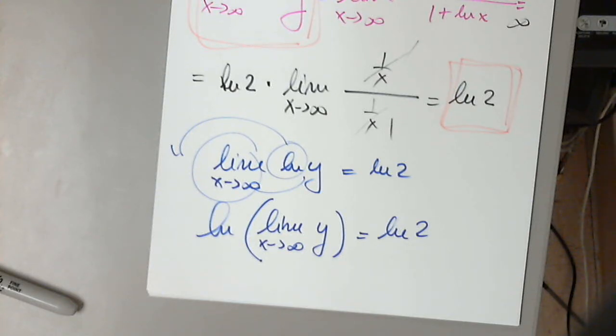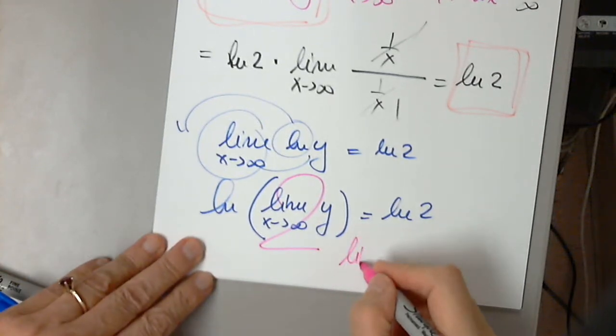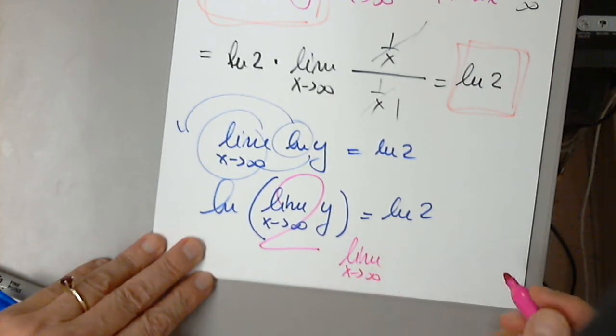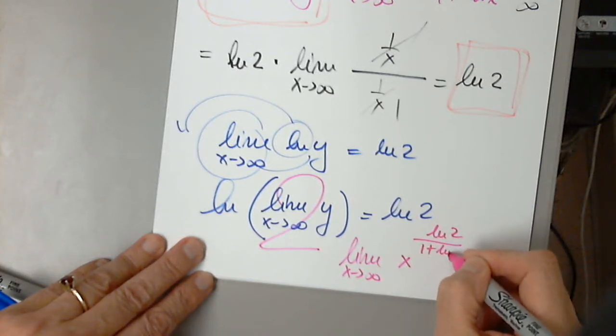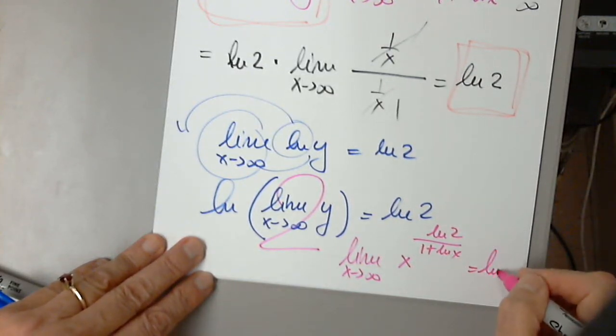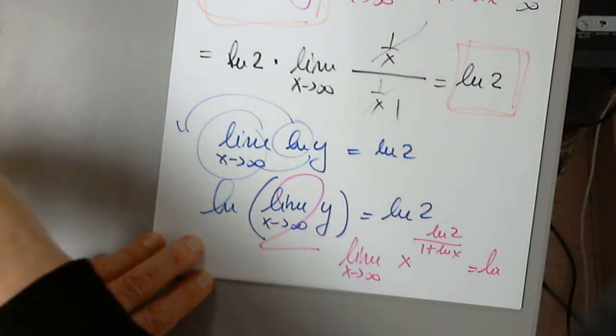Natural log of what is natural log 2? Exactly. There's nothing else. It must be 2. Only natural log 2 equals natural log 2. Right? So then limit as x approaches infinity from x raised to natural log 2 over 1 plus natural log 2 is 2.